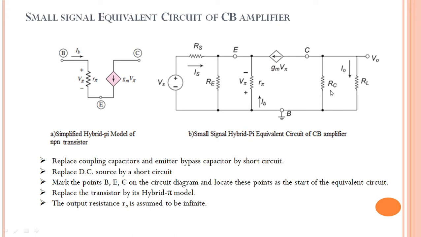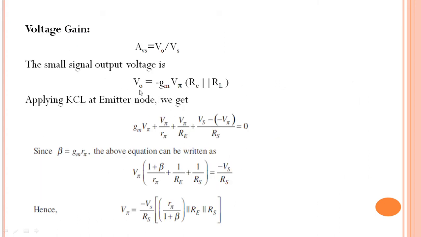Since the collector resistance and the load resistance are both in parallel, we can combine them and write this resistance as RC parallel with RL. So V0 can be written as I0 into RC parallel with RL. And from the circuit, it is clear that I0 is equal to minus Gm into V pi. So we can write the equation as V0 is equal to minus Gm V pi into RC parallel with RL.